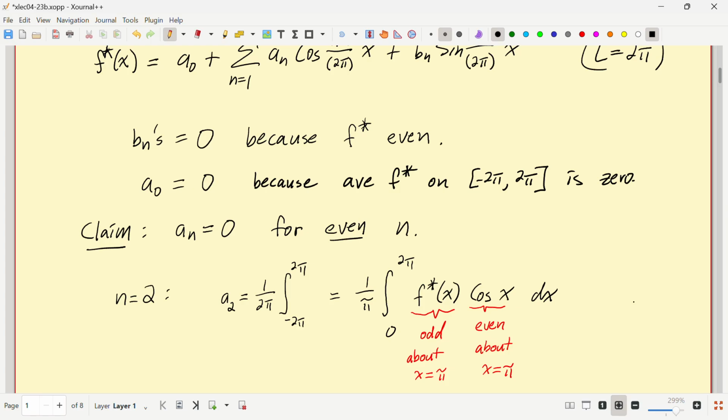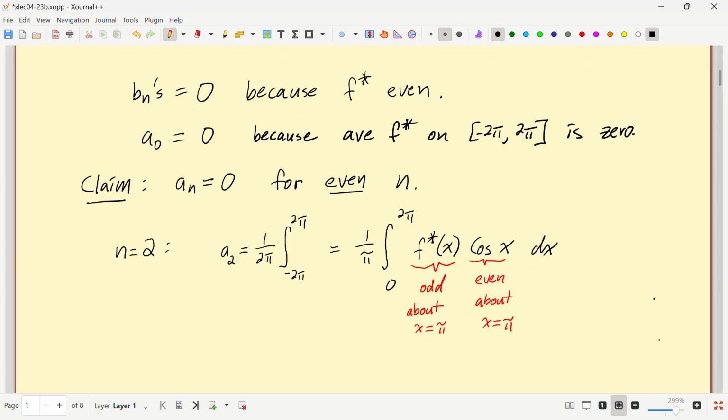But those functions are even, remember, so that would be 2 times the integral from 0 to 2 pi. Okay, and that's the right-hand side of the green one and the blue one, which I took an odd extension. So if you think of that integral, and you think of the origin now as being at pi, then that function f star is odd about pi.